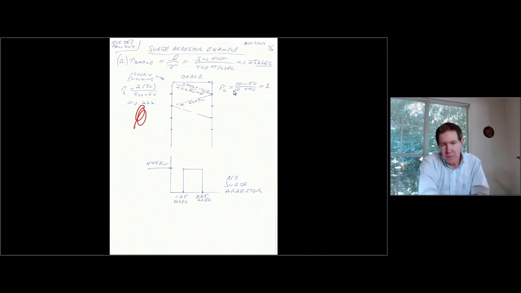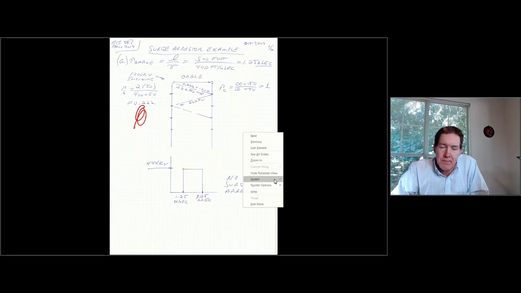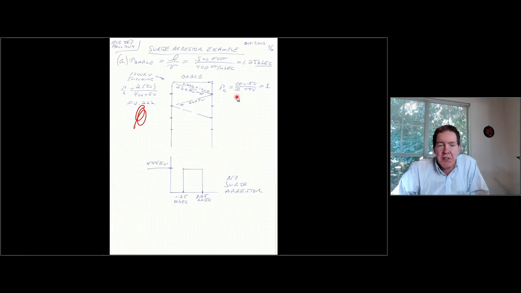So anyway, we've got that 222 kV coming down the cable. And then we're going to get a reflection at the load end. If the load is an open circuit, it has an effective impedance of infinity. So if I take ZB minus ZA, that's infinity minus 50 divided by infinity plus 50, which is equal to 1.